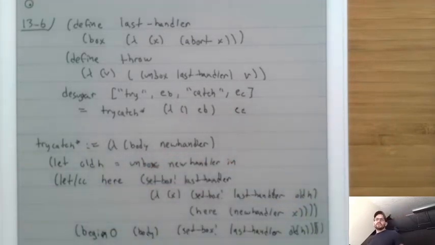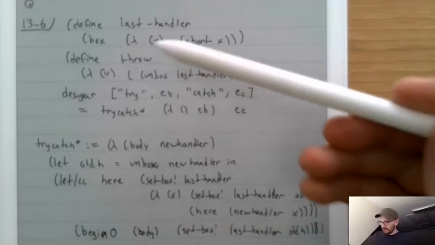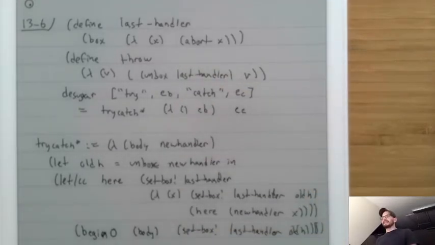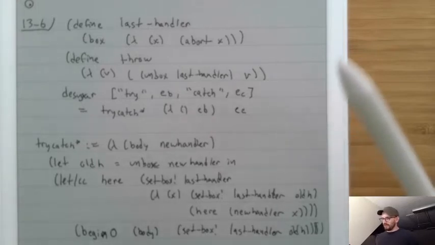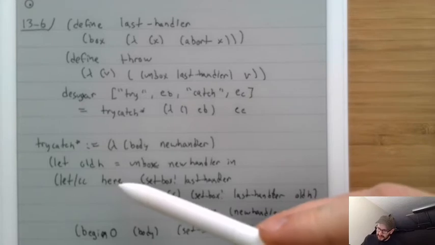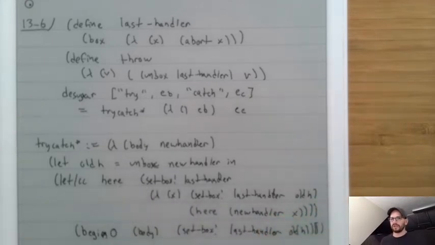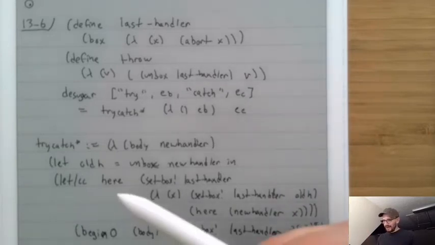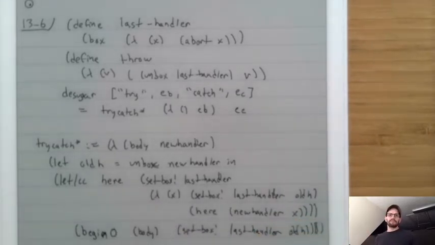Okay. So the idea here is that every time you do try catch, you modify this global variable, the last handler, and by modifying that global variable, you are identifying the continuation, the code that you need to skip over, right? Because throw was called at some point inside of this body, and there was some continuation there, but we're going to skip over that and go back to this spot where the try block was, evaluate the new handler, and then keep going.